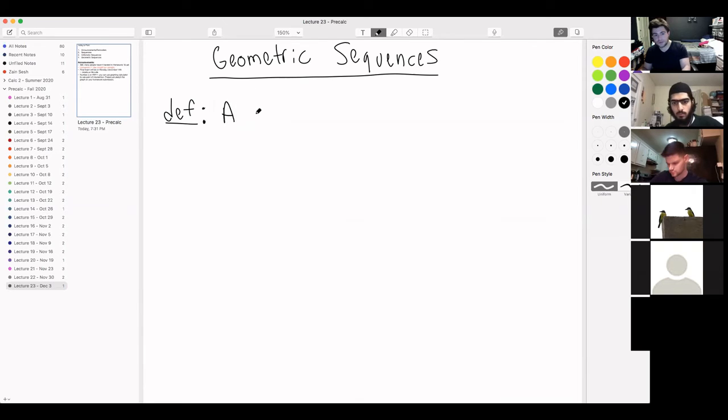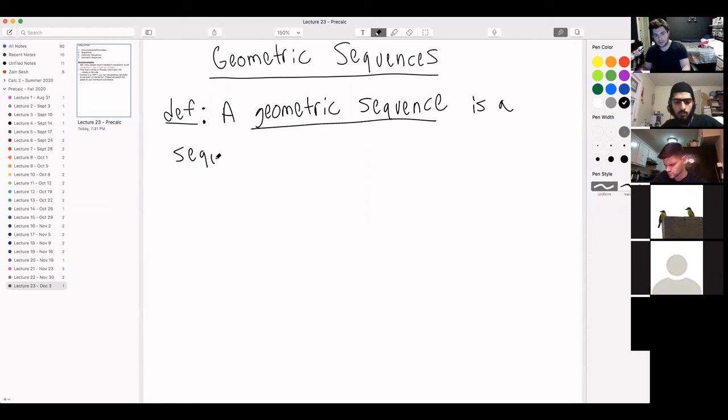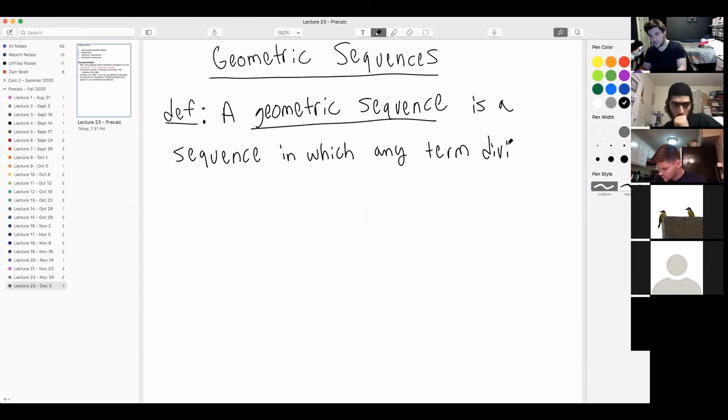A geometric sequence is a sequence in which any term divided by its previous term is the same.